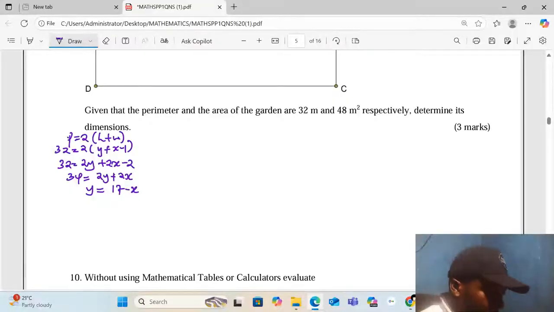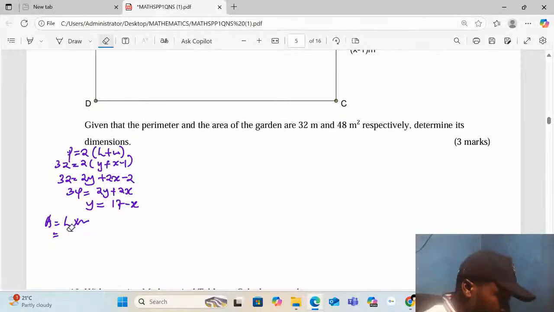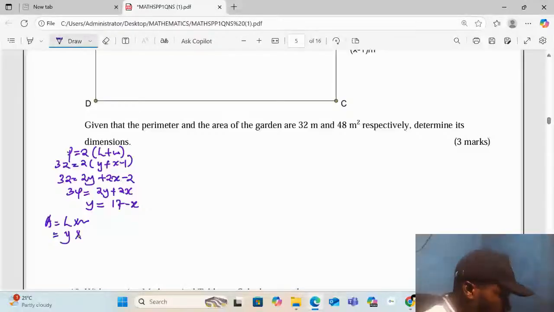On the other hand, we are given the area to be 48 square meters, and the area is simply taken as length times width. The length is y, so we take y times the width, which is x minus 1.